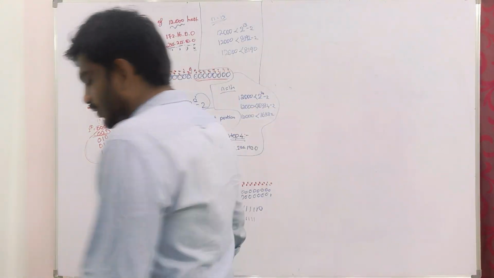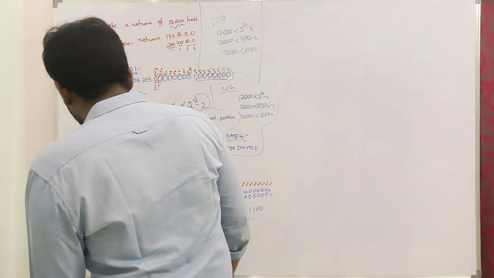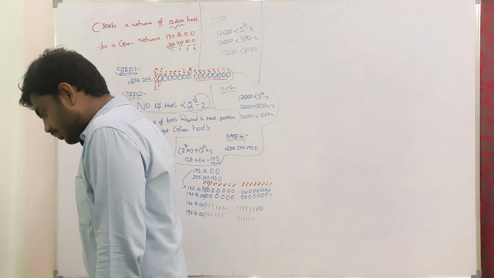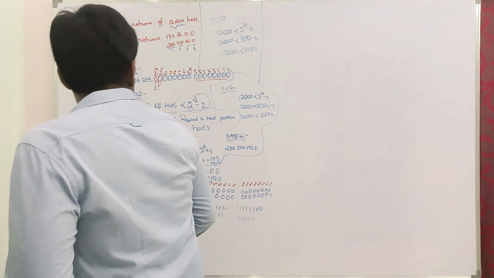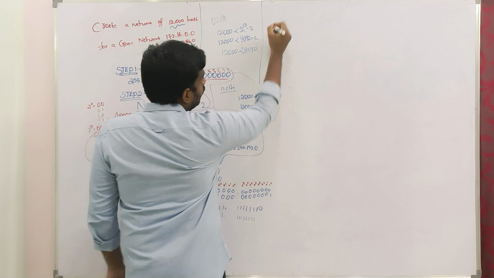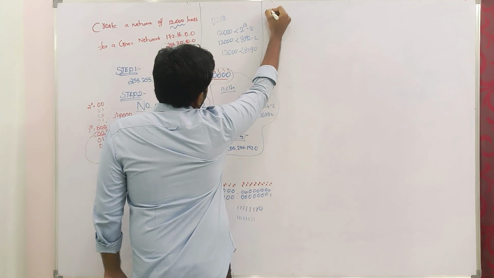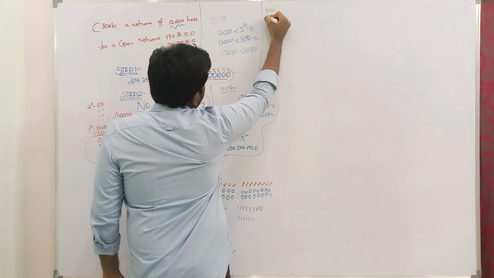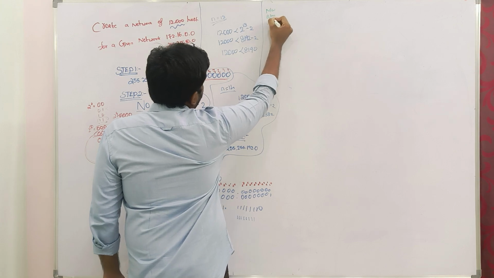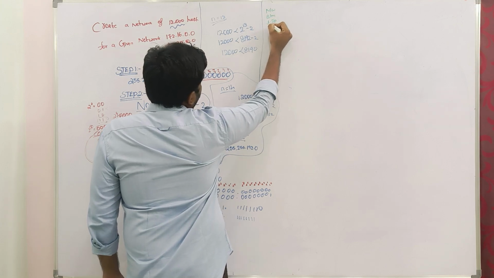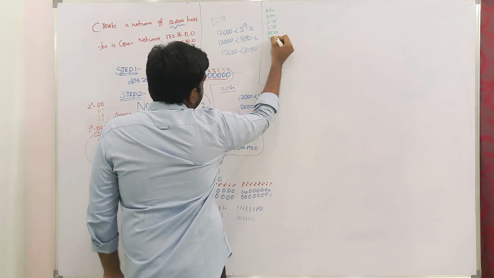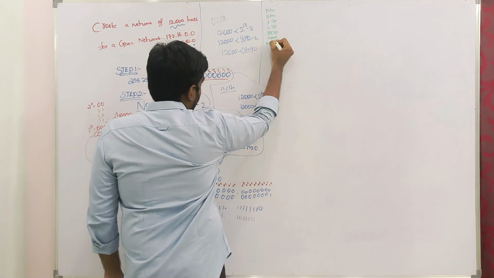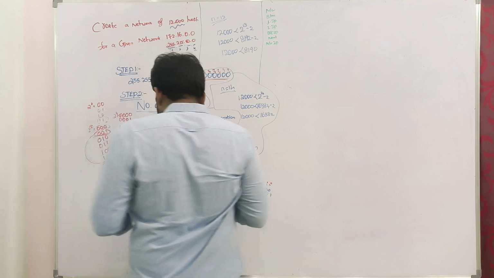Now let's go to our network portion. What will be our network IP? What is our subnet mask? What is our first IP? What is our last IP? What is our broadcast IP? What is our next network IP? Let us see.